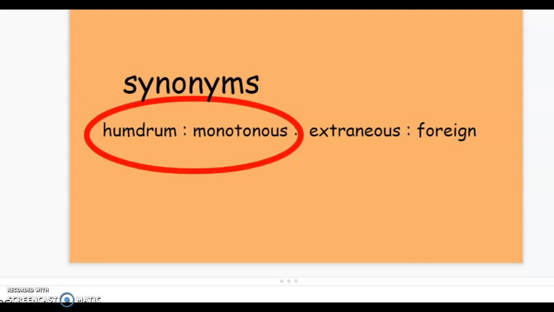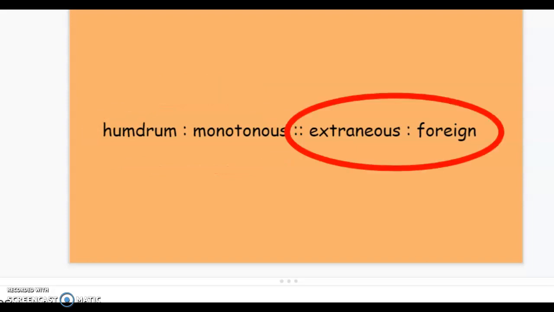Now, let's look at the next set of words, extraneous and foreign. Remember, since this is an analogy, that means these words should also be synonyms because they need to be related to each other in the same way humdrum and monotonous were related.